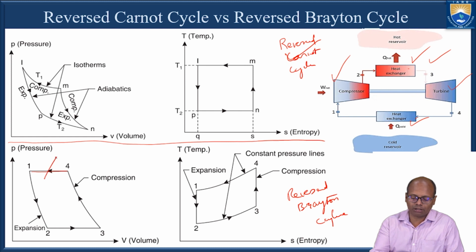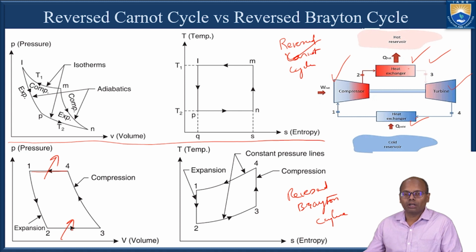So this is a constant pressure heat rejection, and this is constant pressure heat absorption. This is the basic difference between the reversed Carnot cycle and the reversed Brayton cycle. We will see what is there in these cycles.